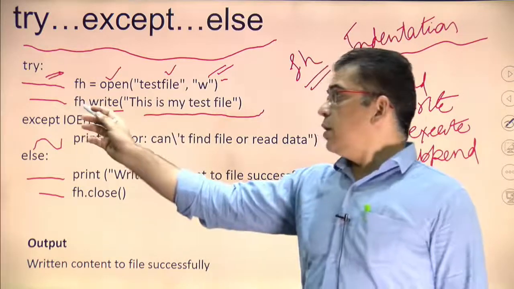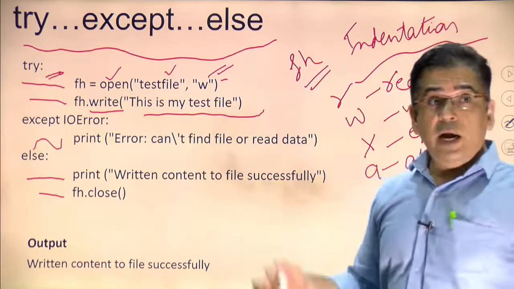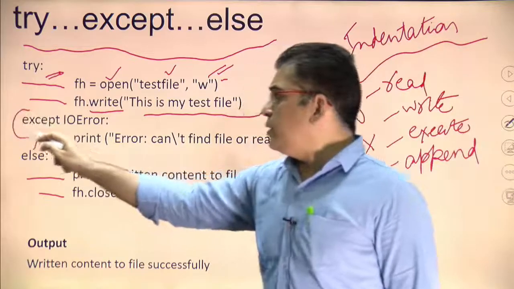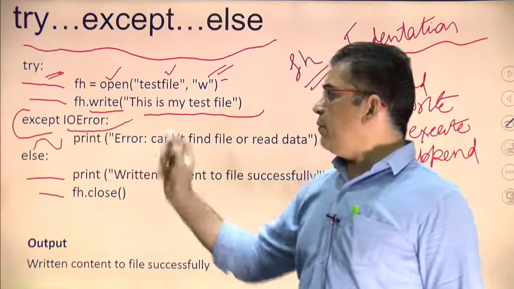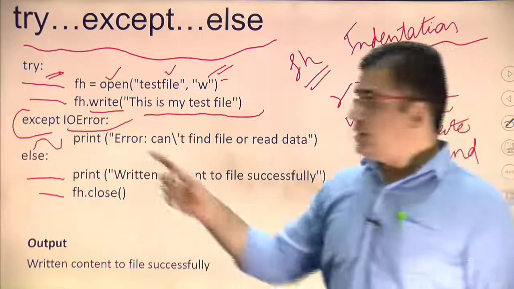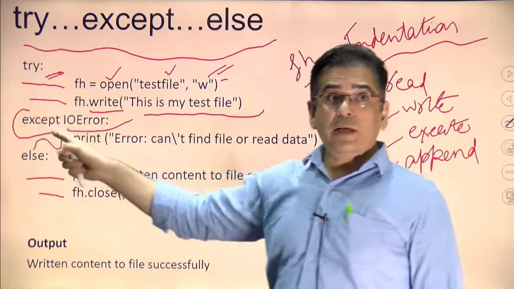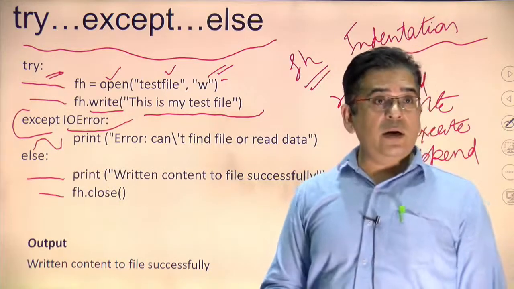In that case the fh.write method will not be executed and a runtime error may arise. So that can be handled by this except block. IOError, here the error type I have given is IOError. Except is a keyword, else is a keyword, try is a keyword, but except requires a kind of error which you want to handle at runtime.